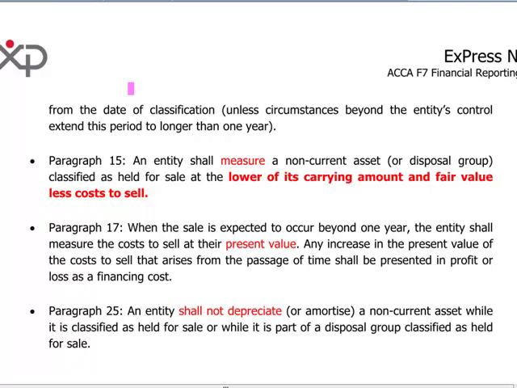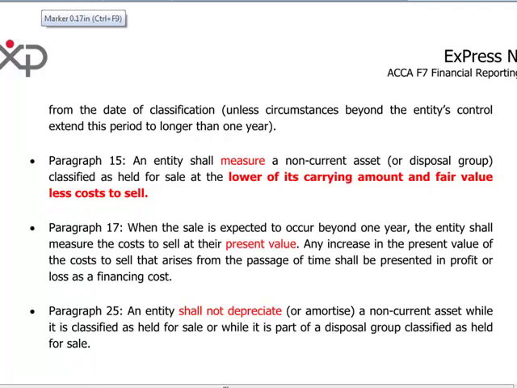Carrying value of a non-current asset is cost or revalued amount, depending on which accounting treatment we are using under IAS 16, less accumulated depreciation and less accumulated impairment losses. This carrying value should be compared with fair value less cost to sell, meaning the selling price less any selling cost.